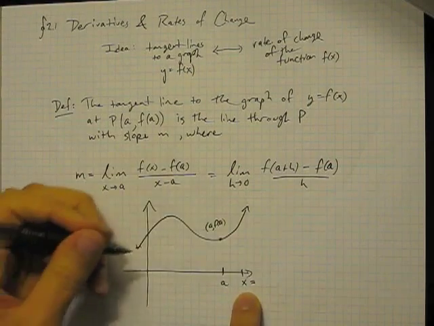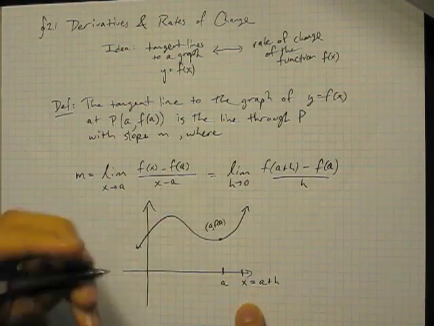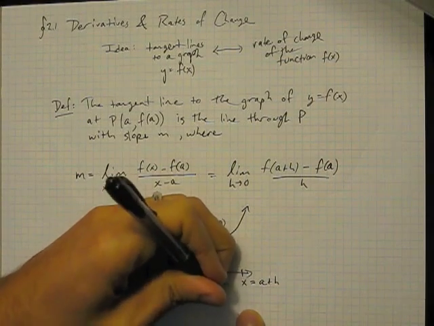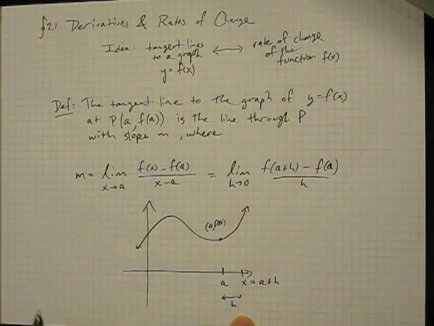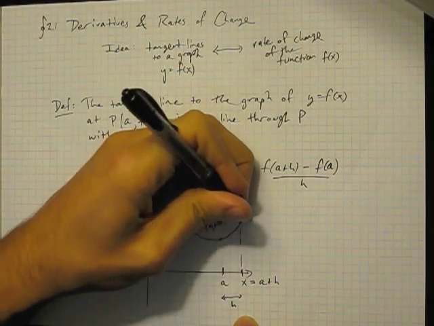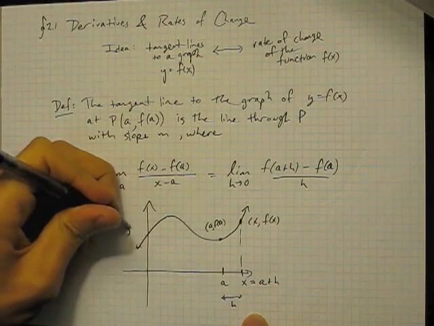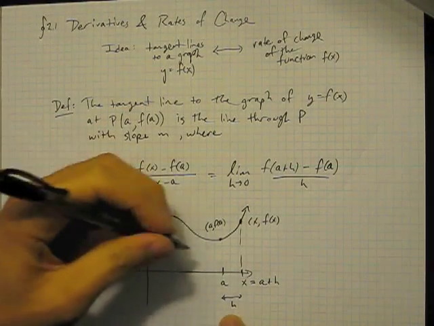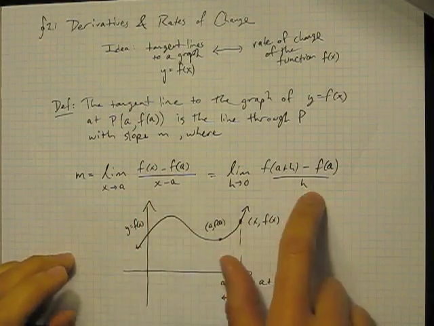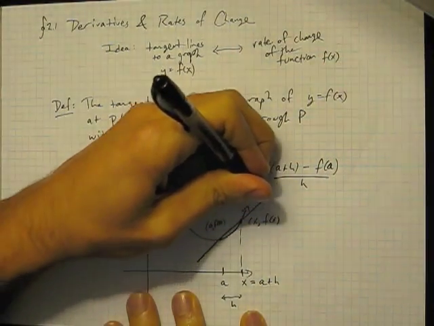Now, since it's just a little bit away from a, maybe we'll write it as a plus h. That's a plus a tiny little amount. And so this distance here is equal to h. So this point up here has coordinates x, f of x. This is the graph of y equals f of x. And so either of these ratios is the slope of this line.